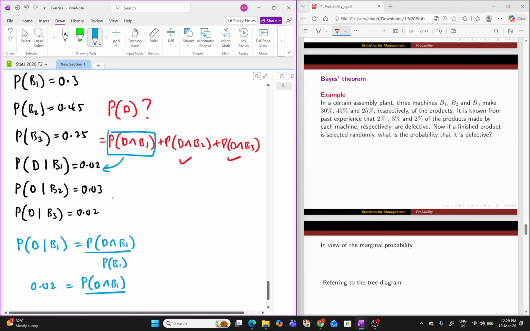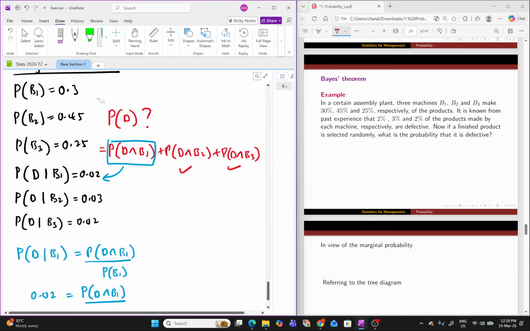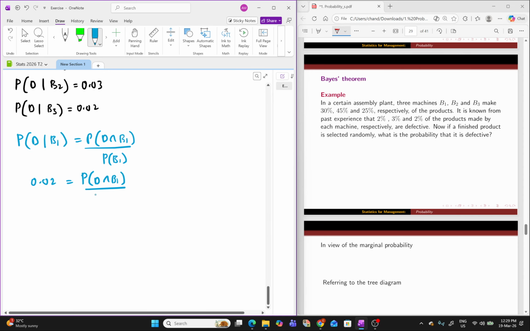What is the probability of B1 here? 0.3. Cross multiply, basically, and the 1 you don't need to worry about.